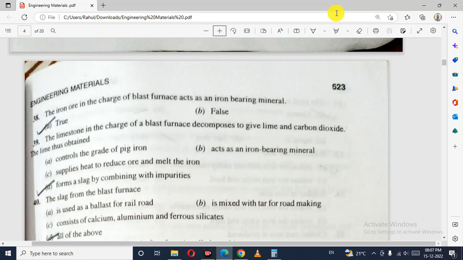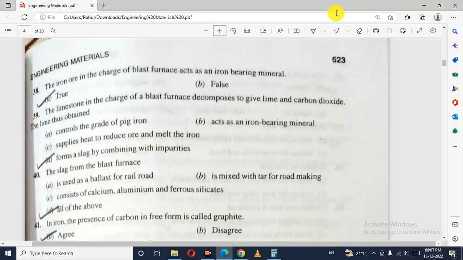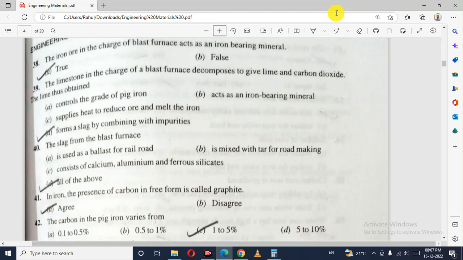The slag from a blast furnace is used for ballast for railroads and mixed with tar for making roads. It consists of calcium, aluminum and ferrous silicates.